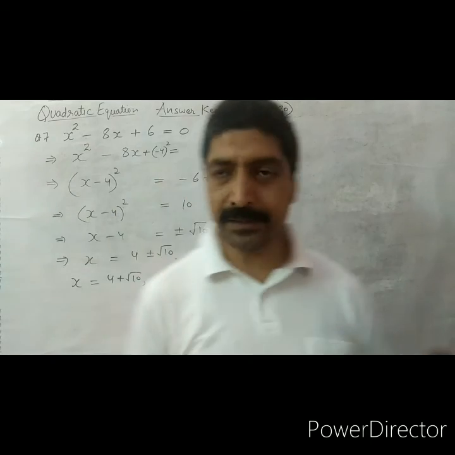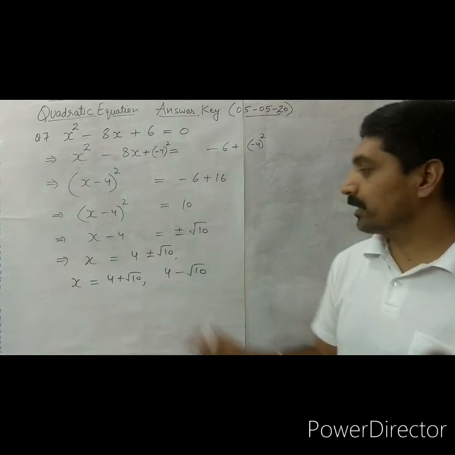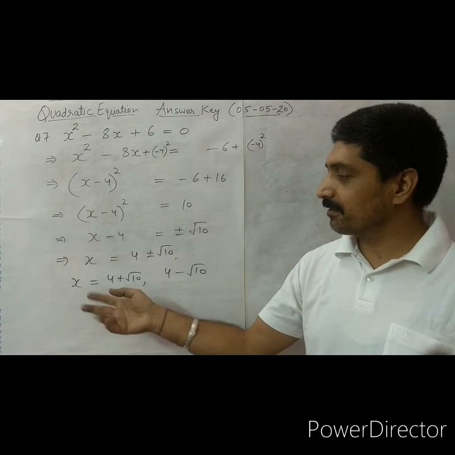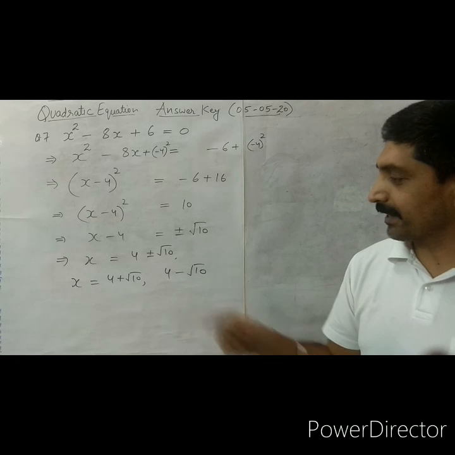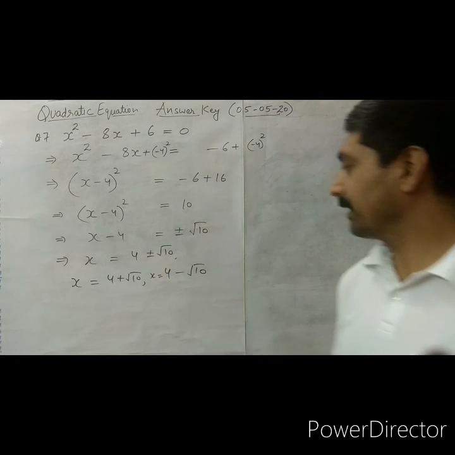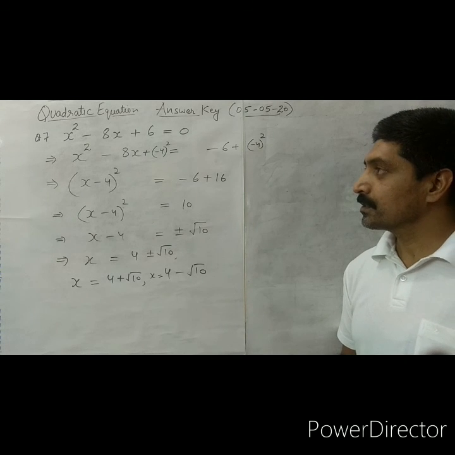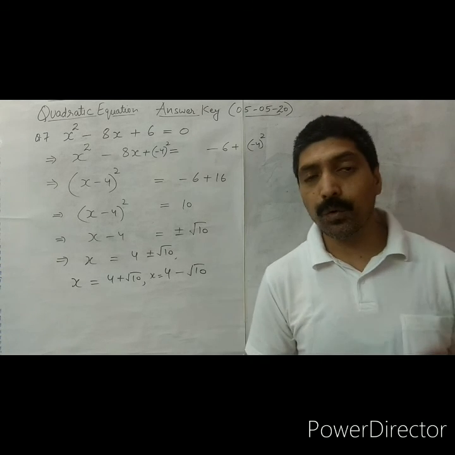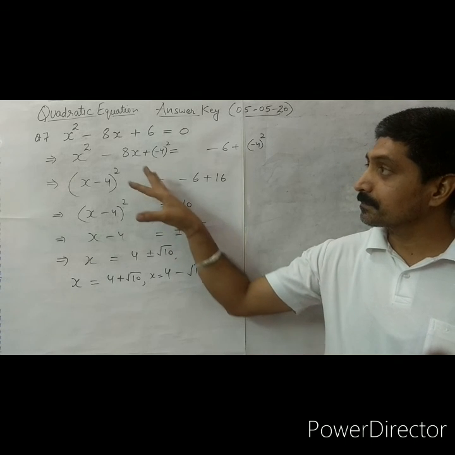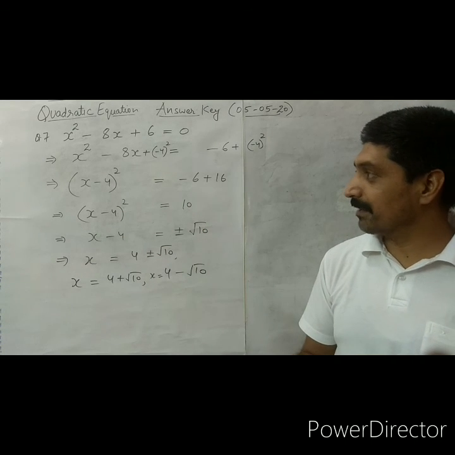By calculating the value of under root 10 with the help of a calculator, we will get the two values of x. So dear students, I hope you are very much clear with this completing square method.